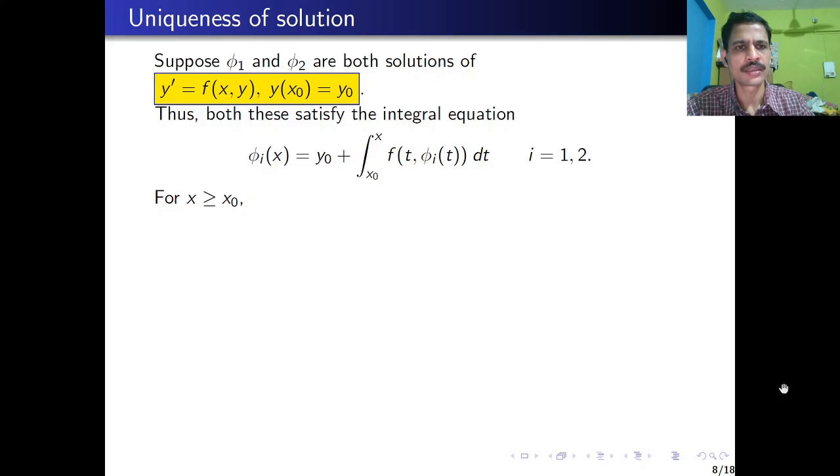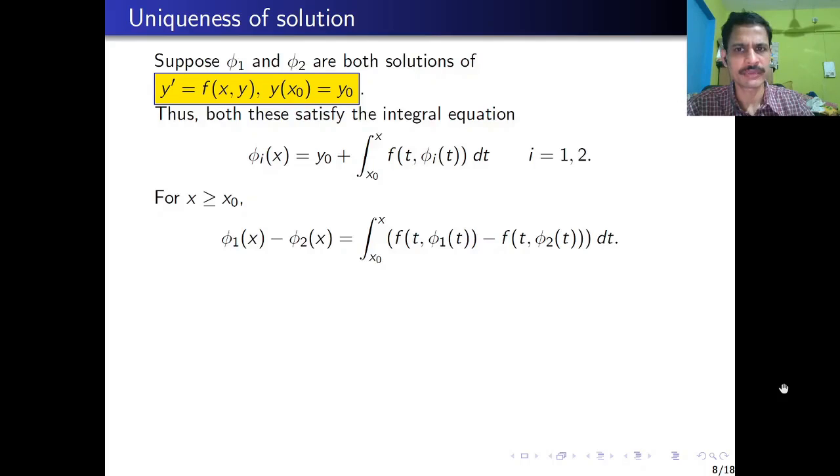Then we see that both the solutions phi1 and phi2 satisfy the integral equation, namely phi1x is equal to y naught plus integration from x naught to x f of t comma phi1 t dt, and the same for phi2, namely phi2x is equal to y naught plus integration x naught to x f of t comma phi2 t dt.